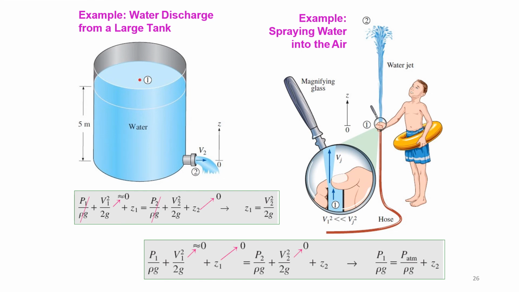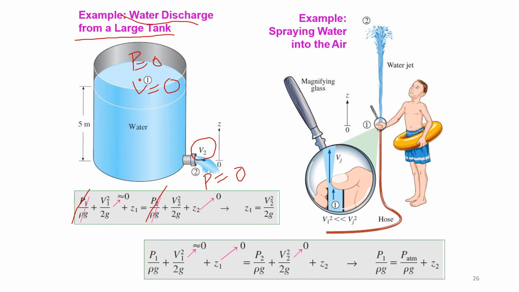Okay, let's go through the Bernoulli equation when there are two situations. First is an example of water discharge from a large tank. What is much different is the pressure. When the water discharges from a tank, the pressure at point 1 is 0, and the pressure at point 2 is also 0. So we can cancel the pressure. How about the velocity? Velocity in the tank is 0 because it is stagnant, and we have the velocity at point 2.